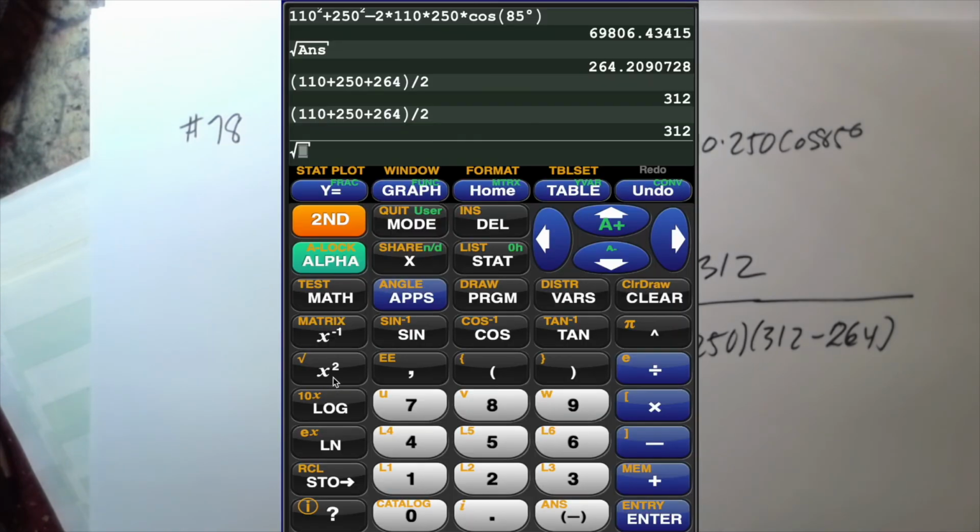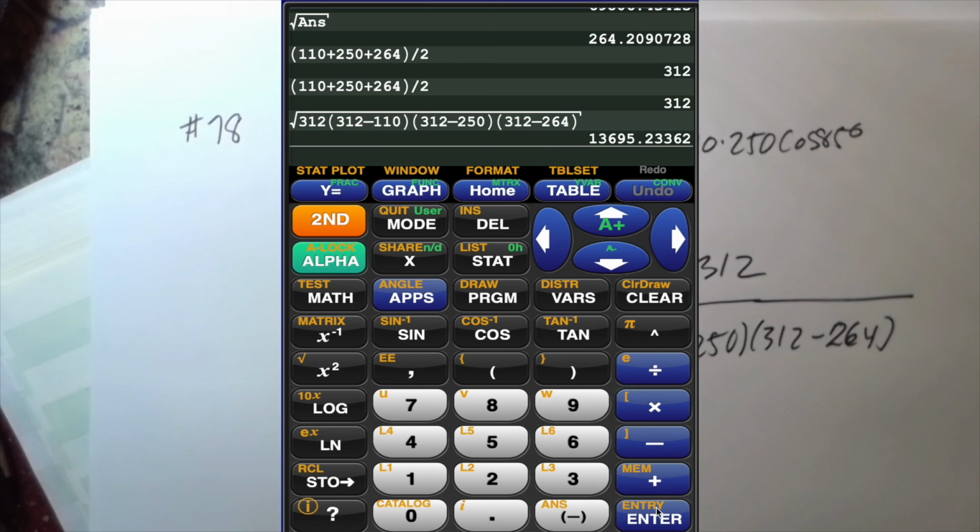Square root of 312, parentheses, 312 minus 110 times 312 minus 250 times 312 minus 264, and we have 1395.2 feet squared.